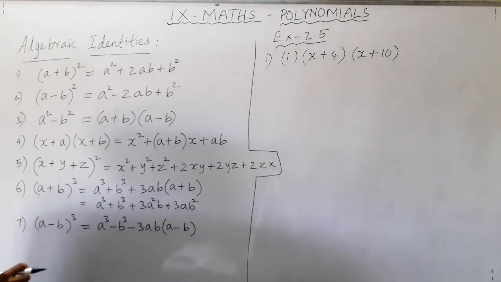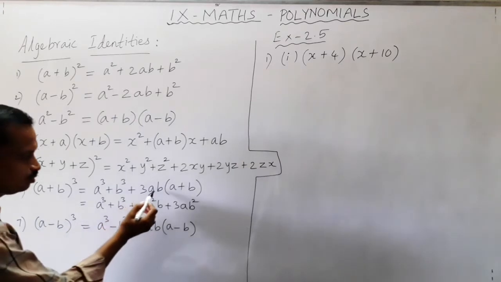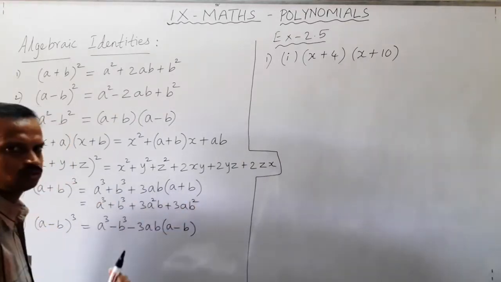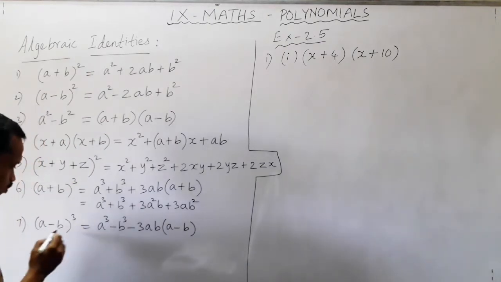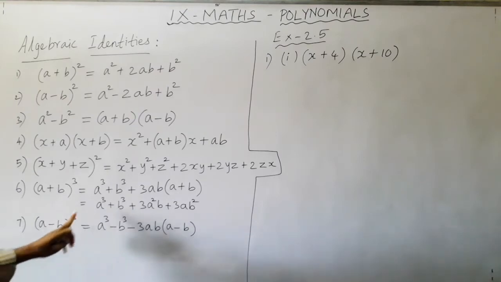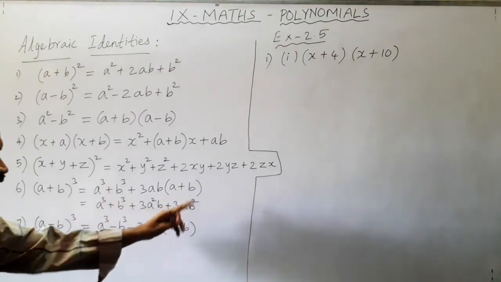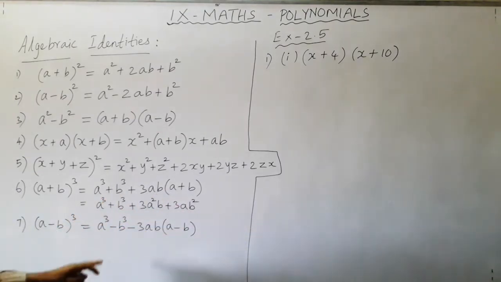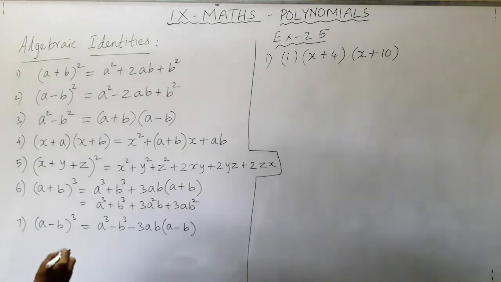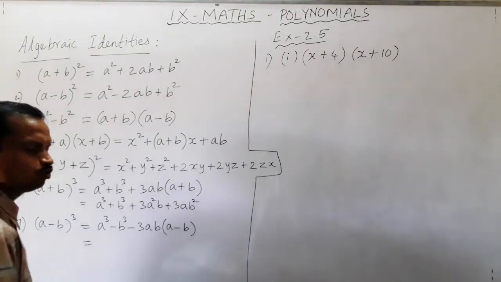Okay, don't get afraid, both are the same. Just I am removing the bracket. Otherwise, you can read whichever is easy to you. And now (a minus b) whole cube is, you see, plus minus. So all the signs are plus on the right hand side, and you see all the signs minus on the right hand side when you put minus here. That's all.